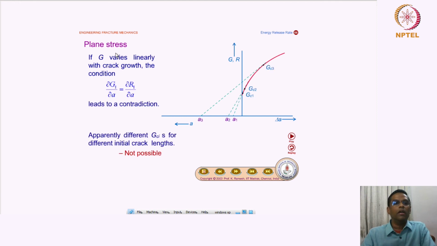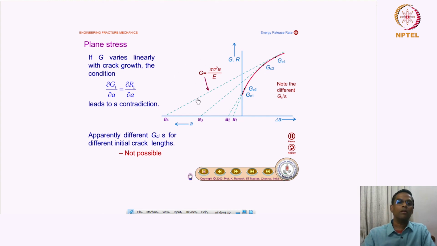You see, for a plane stress condition, if the G varies linearly with the crack length, the condition dou G1 by dou A leads to a contradiction, because if you keep on adding different crack length, when you look at this idea, A1 reaches a critical value, then as for a different crack length, it goes and meets at a different position.